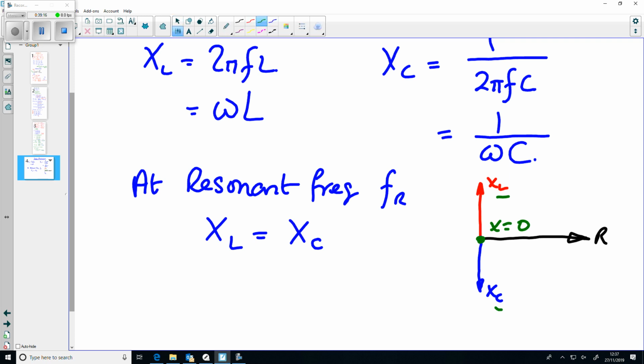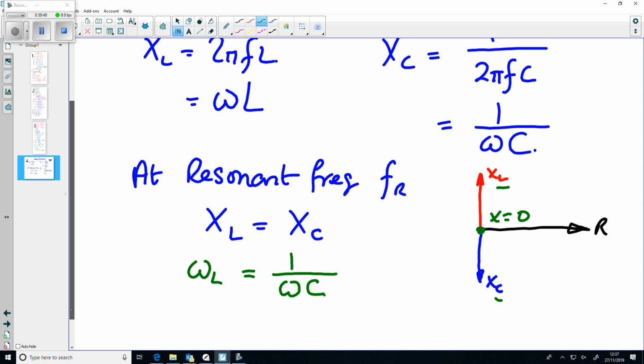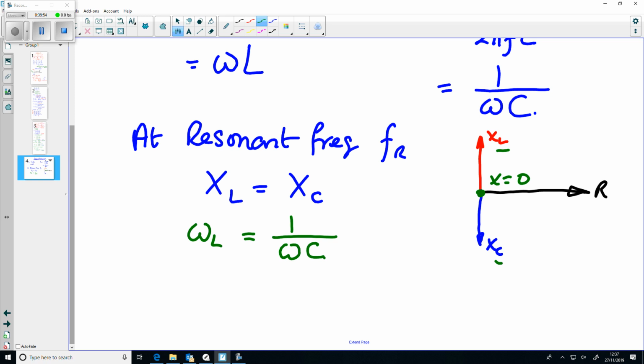Because we can write XL as omega L, and we can write capacitive reactance as 1 over omega C. Let's call that, that shouldn't be omega, it should be the omega value at resonance, omega R L, and 1 over omega R C. That's better. I've got it right now.